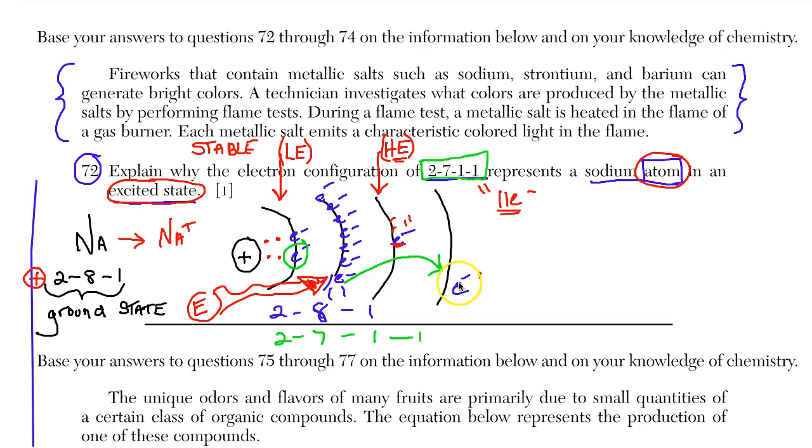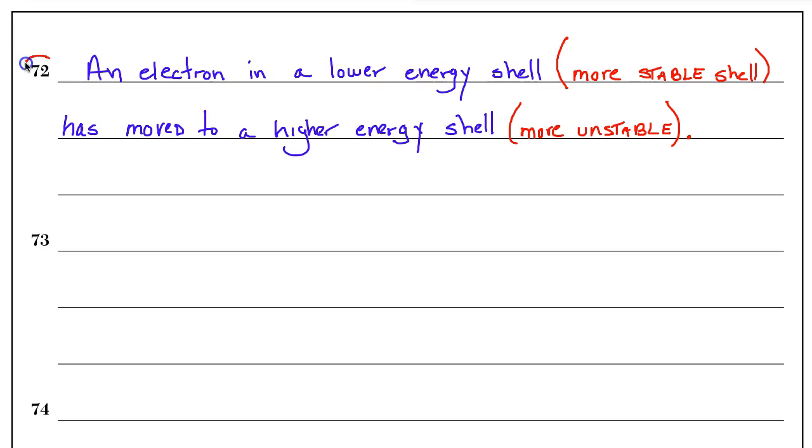All right, so there's many ways to say that, but let's go to the booklet. So in our booklet, we can say an electron in a lower energy shell, more stable shell, now you don't have to write that, but has moved to a higher energy shell, which is more unstable, okay? And you need to understand this in terms of how electrons transition. Certainly I could say the configuration represents a higher energy state than the sodium's ground state. Not all 11 electrons are in their lowest possible energy levels, okay?